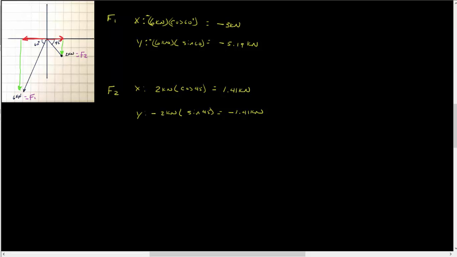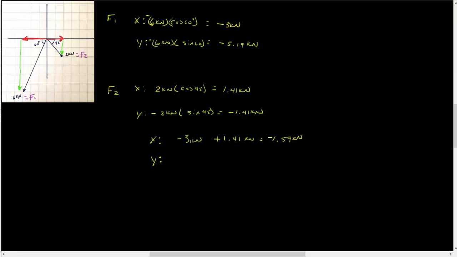So then I'm going to go ahead and sum my x components and my y components. So my x components would be a negative 3 kilonewtons plus 1.41 kilonewtons, which gives a total of 1.59 kilonewtons, and that's going to be negative.